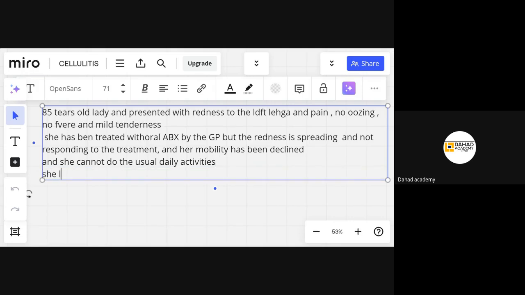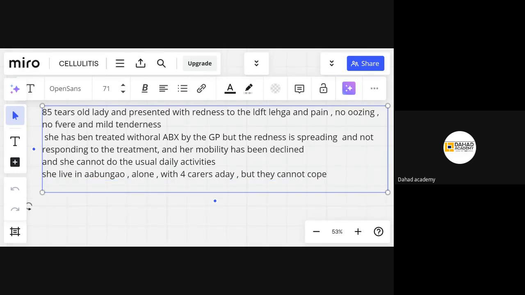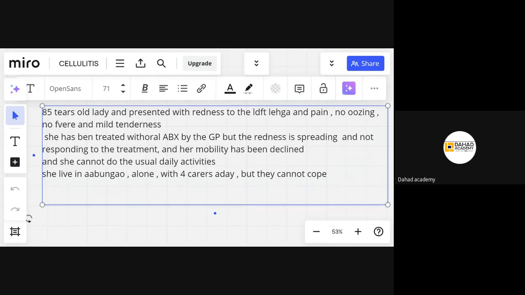So she lives in, let's say, a bungalow and alone with four carers a day, but they cannot cope, right? So you explain what the situation is, and why you are admitting the patient. So the diagnosis here.